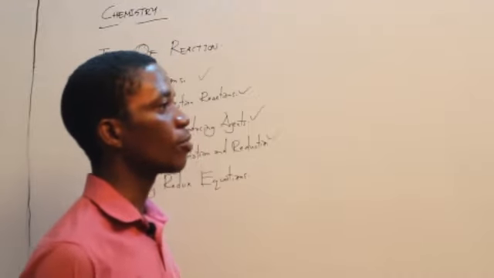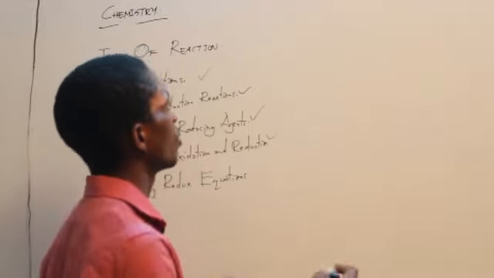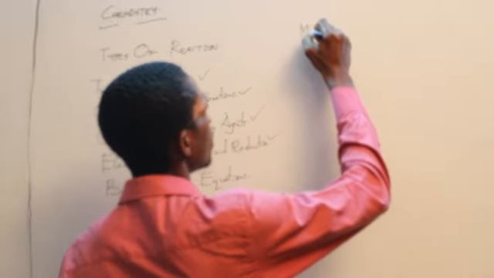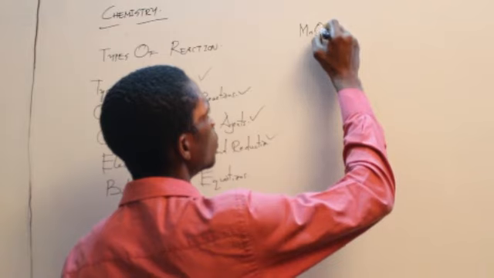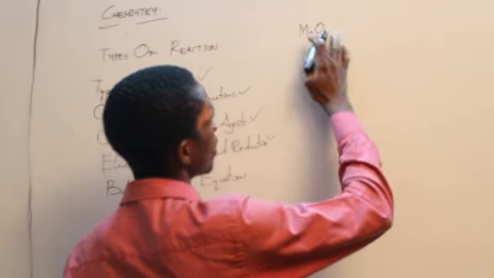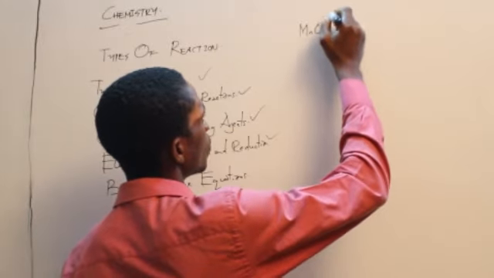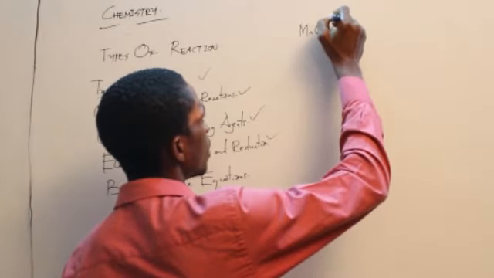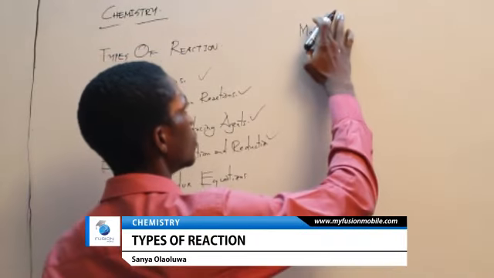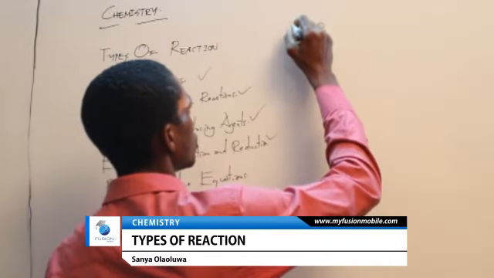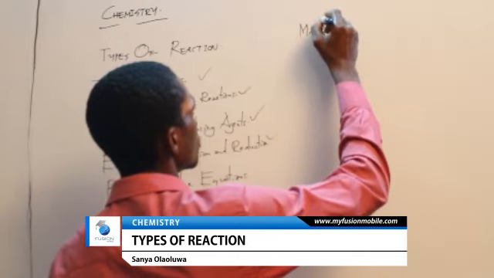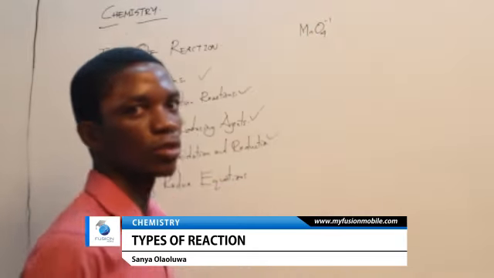Where you have manganate 7, something like MnO4, that's 4 oxygens. I'll have -1, or better still, we can have an H, but it's better we just work with the -1 since we're not told what would be in front of it.